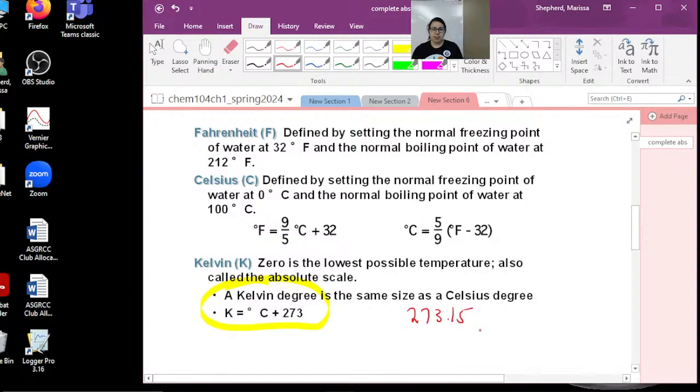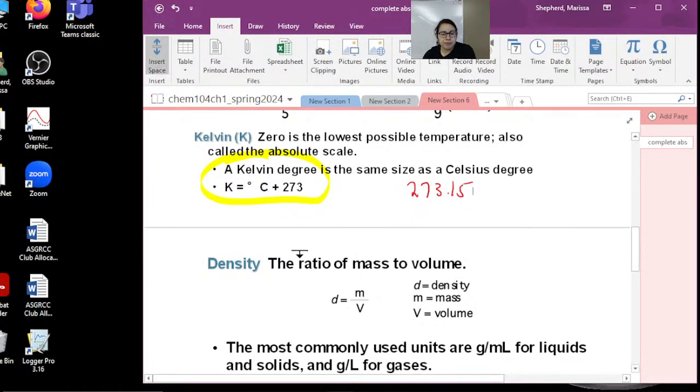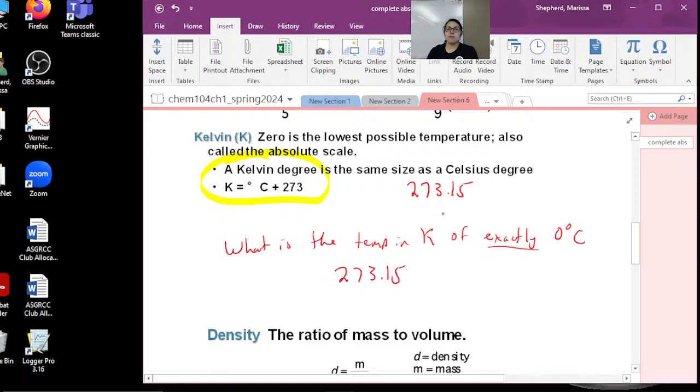There's a little caveat in your homework because it uses this term: what is the temperature in Kelvin of exactly 0 degrees Celsius? Because the homework uses the term exactly, it's looking for this number with the 0.15, the exact conversion.